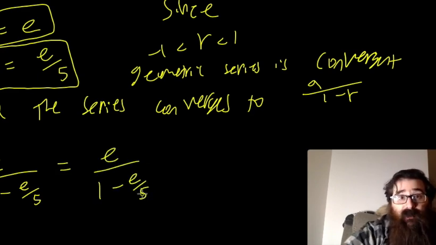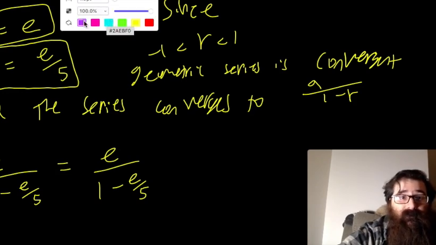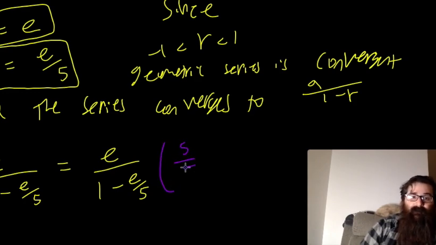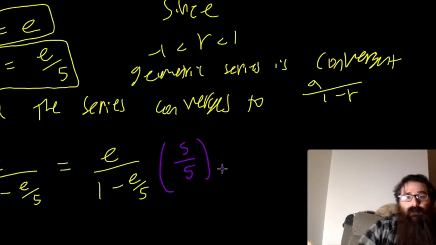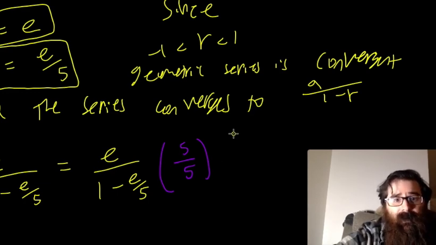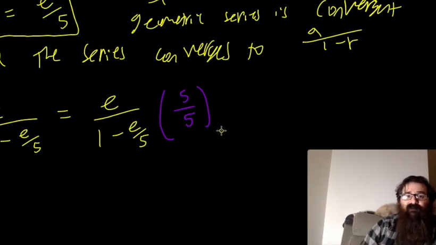It's a complex fraction. You could get a common denominator and work from there. I think that's a normal move to make. You could also work with, even faster, the LCD method. I'm going to multiply by 5 over 5, which is just the number 1. And this is going to give me, on top, e times 5 is 5e.